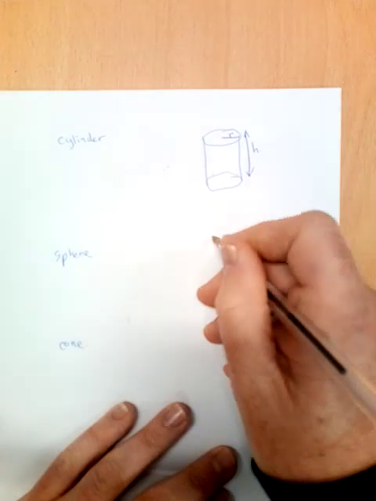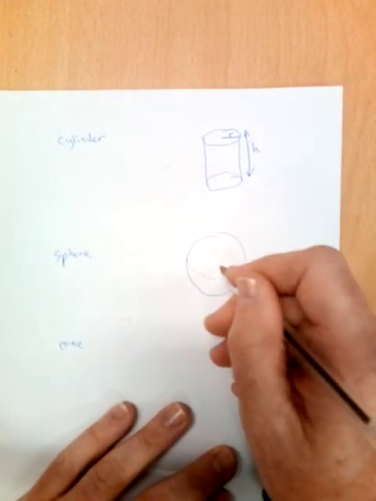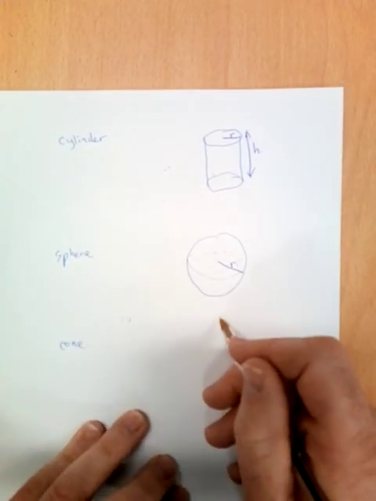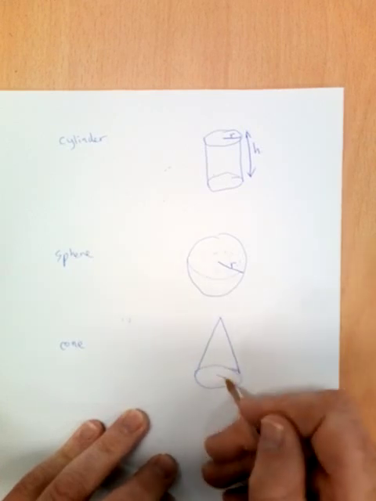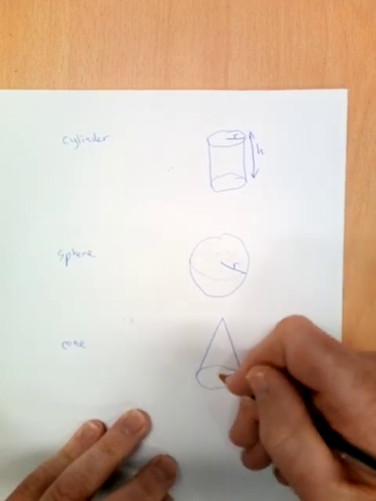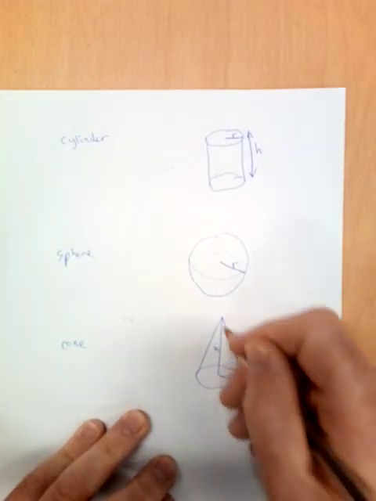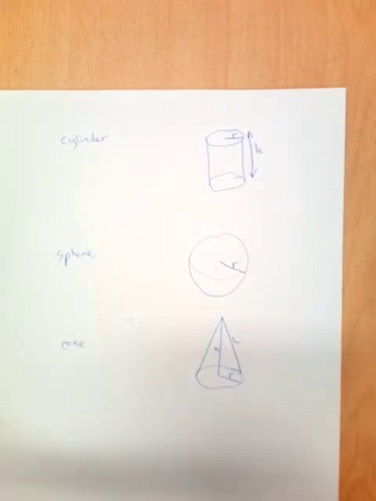Okay, a sphere will just have some type of radius, and a cone will have a radius, a height from the center, and a length down along its side. So it'll have three things that are needed in them. So we'll have a look at the cylinder first, and then we'll work our way through the other two.